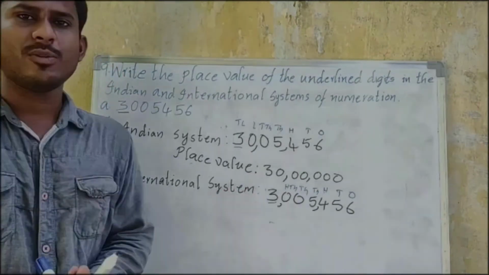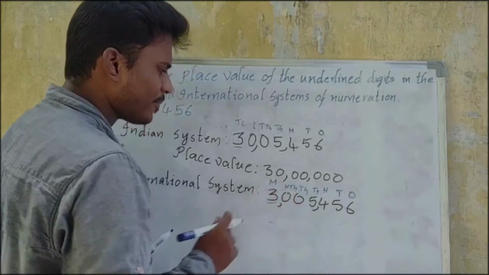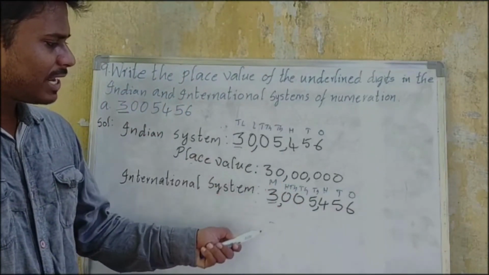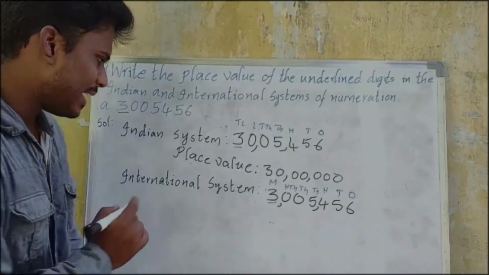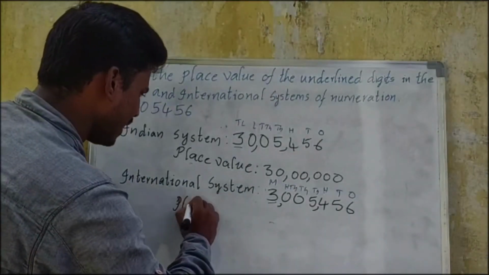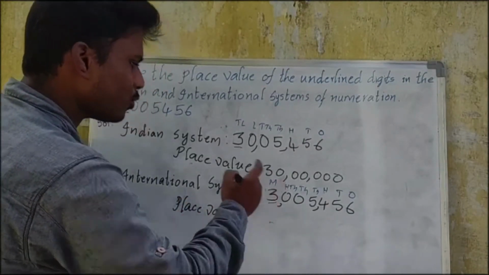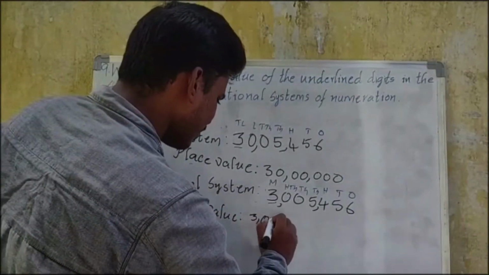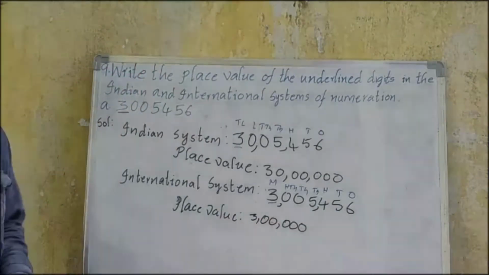In the millions period we have only one place, that is 1 millions. Okay. Now what will be the place value? In the 1 million place we have digit 3. So 3 into 1 million, it is 3 million. So write the place value like this. 3 into 1 million is 3 million. Okay. So our answer will be like this.